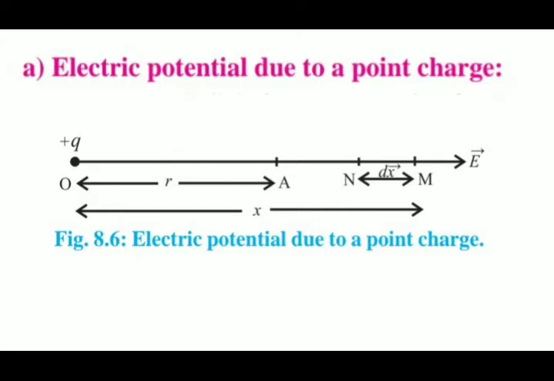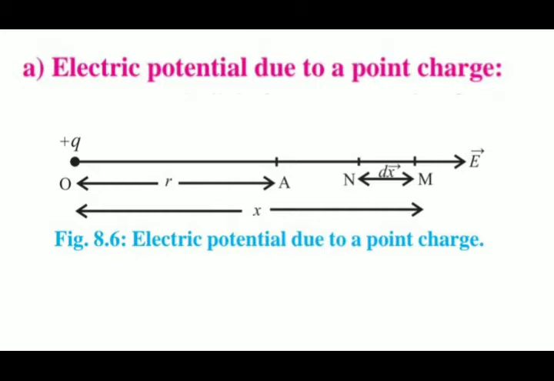So as seen here, the electric potential at point A is the amount of work done per unit positive charge. We had already seen the definition of electric potential, that is the required work done to bring a charge from infinity to its present location.